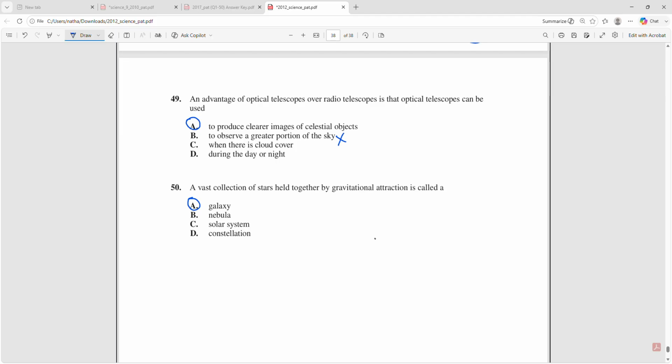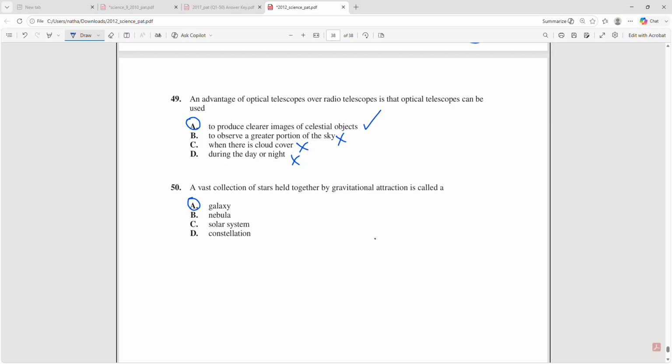This is not correct. Radio telescopes can see much more, much further, and so on. They can also see when there's cloud cover, and they can also see during the day or night because they're not using visible light. But optical telescopes can produce much clearer images of celestial objects.